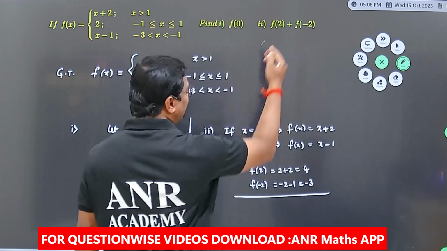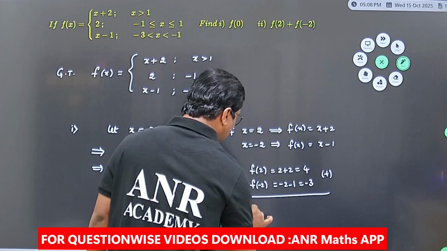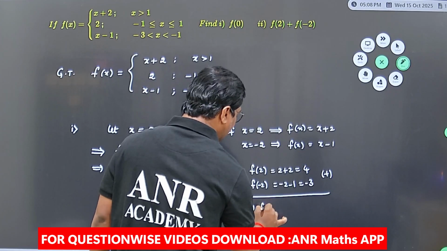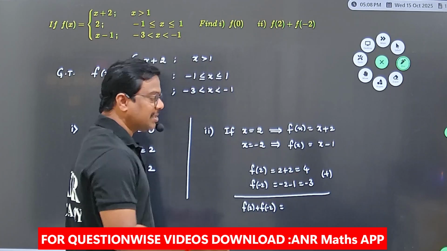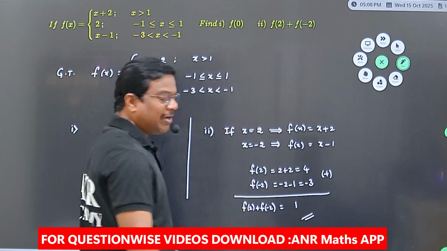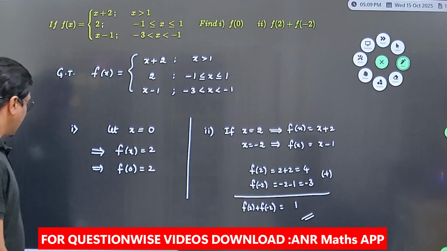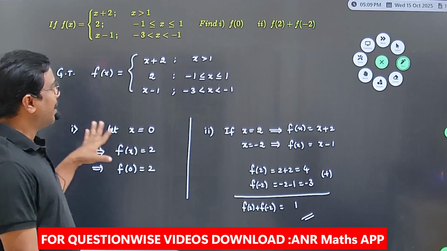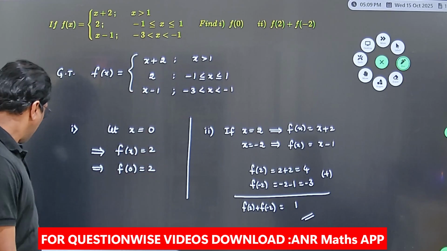We need the combination of these two, so adding up we get f of 2 plus f of -2, that is 4 minus 3 gives the result 1. So this is the value of f of 2 plus f of -2, that is equal to 1. So in this way you have to write the solution to this question. It is a 2 marks question. Move to the next one.